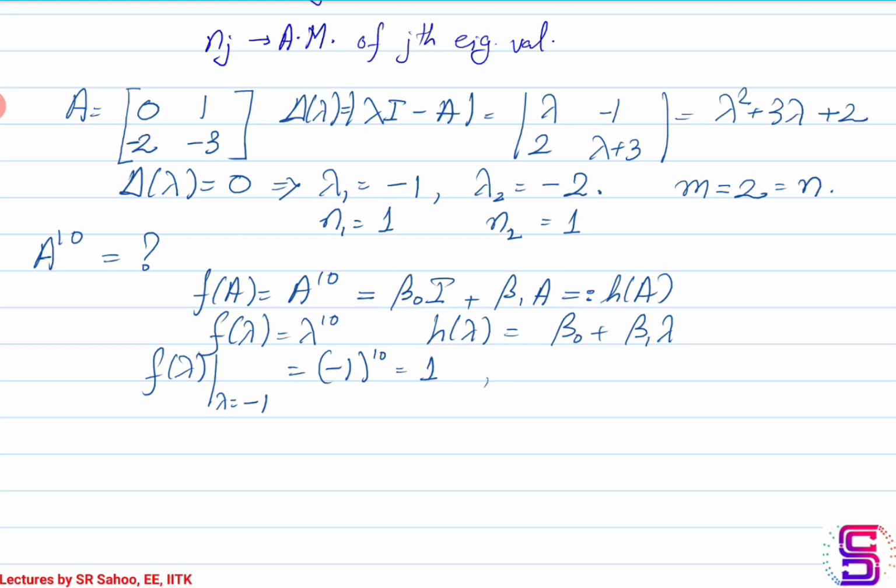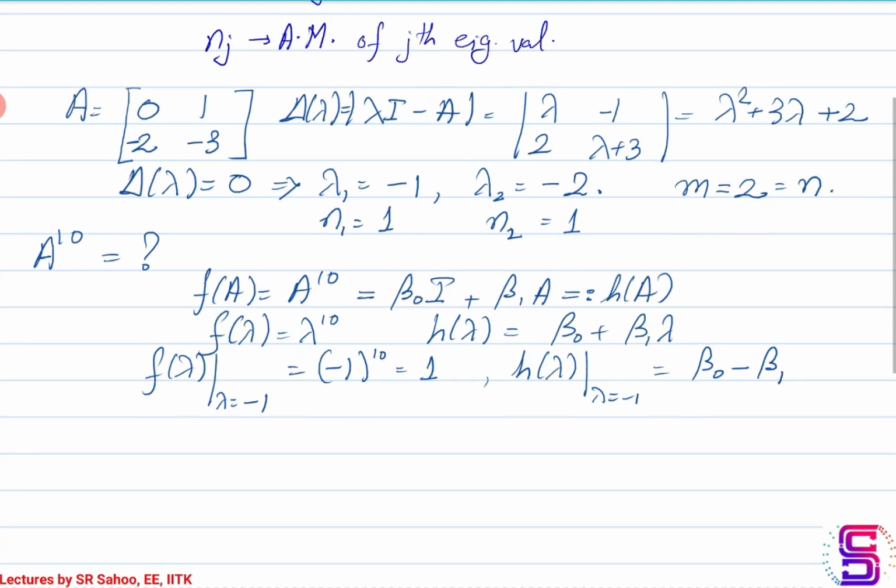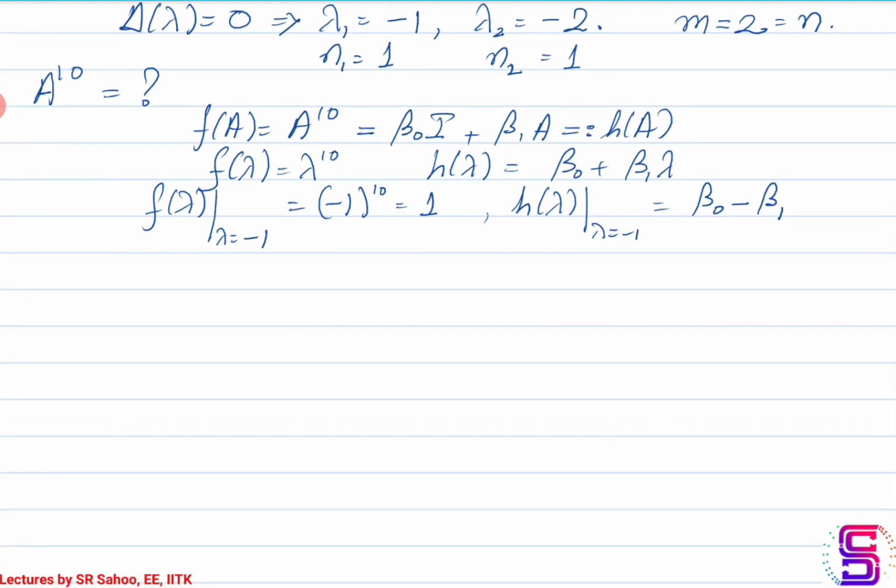Similarly, h of lambda evaluated at lambda equal to minus 1 is beta 0 minus beta 1. So if we use this, what we get is beta 0 minus beta 1 is nothing but equal to 1.